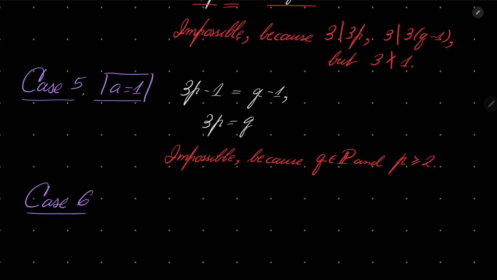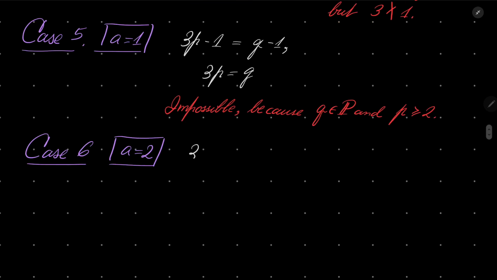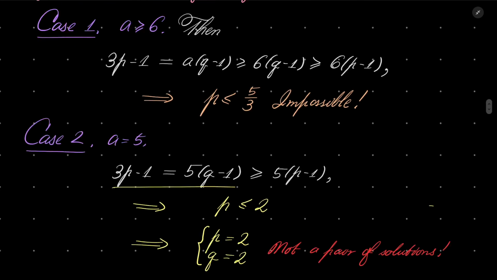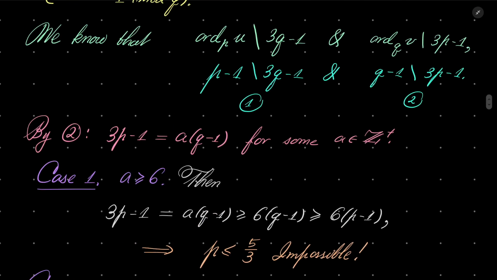And last case, number 6, and last, A equals 2. Well, then 3P minus 1 equals 2Q minus 1. And I will use one condition which was established along the way, namely, the condition which I marked as condition number 1, that P minus 1 divides 3Q minus 1.